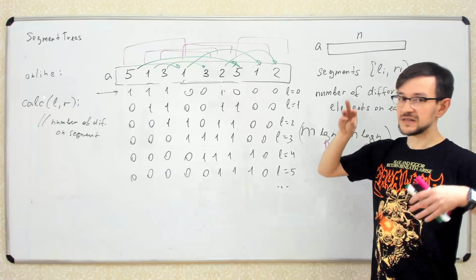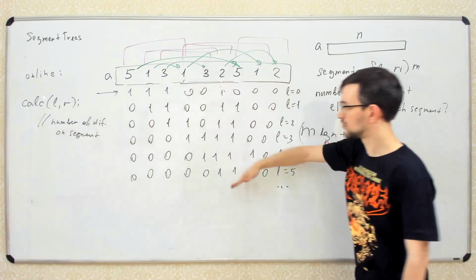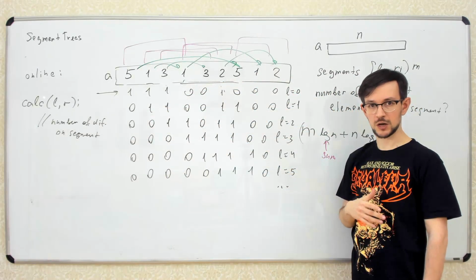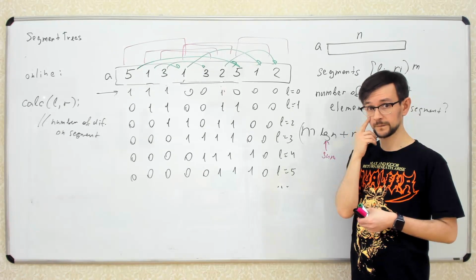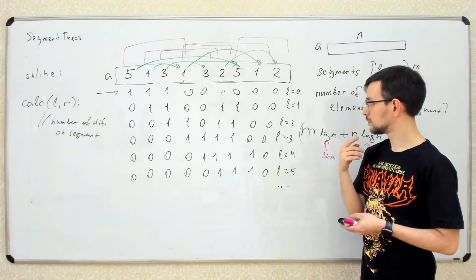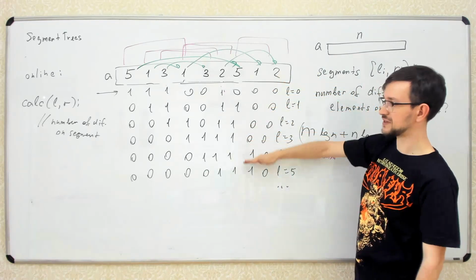So now, depending on the value of this L, you need to take one of these segment trees and call the sum function in this segment tree. Let's have an array of these segment trees. So let's save all the states of this segment tree.